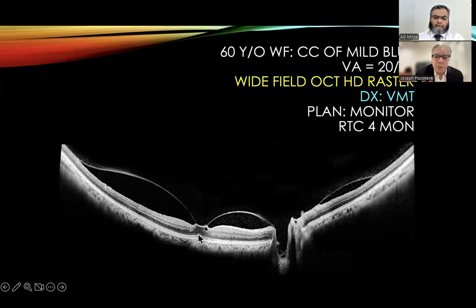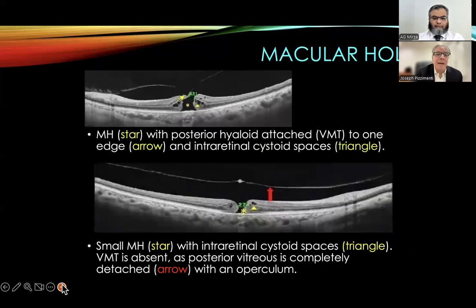Now, on occasion, this traction will be persisting, and in those cases, we can end up with the epiretinal membranes and macular hole, which we see right here on another patient. So here we have the lid of this vitreofoveal traction opening up, and now we've got a small diameter but full thickness macular hole.